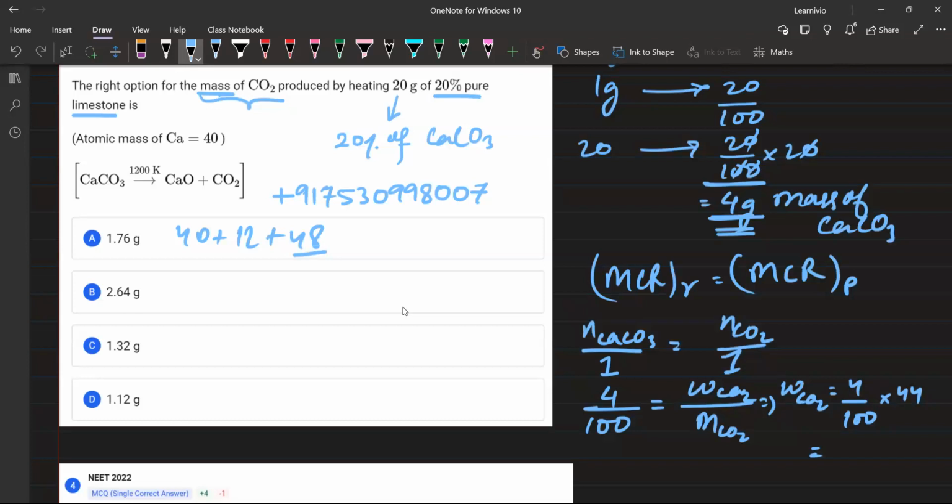It will be 100. Sir, it will be 0.04, right? And 0.04 into 44 is 1.76 grams. Sir, the 4 by 100 you wrote, we take it as 0.04, and 0.04 into 44 is 1.76 grams.